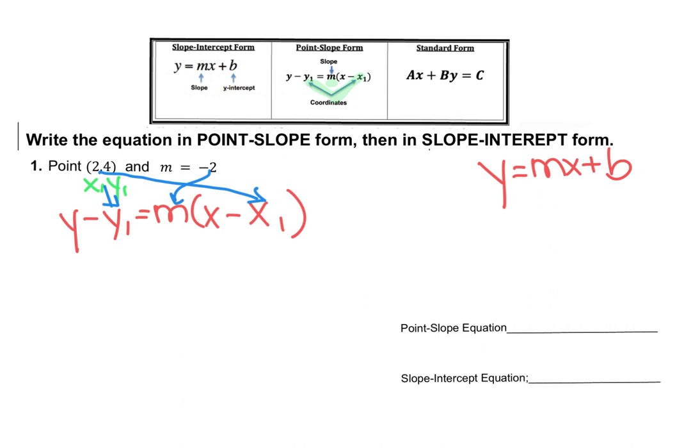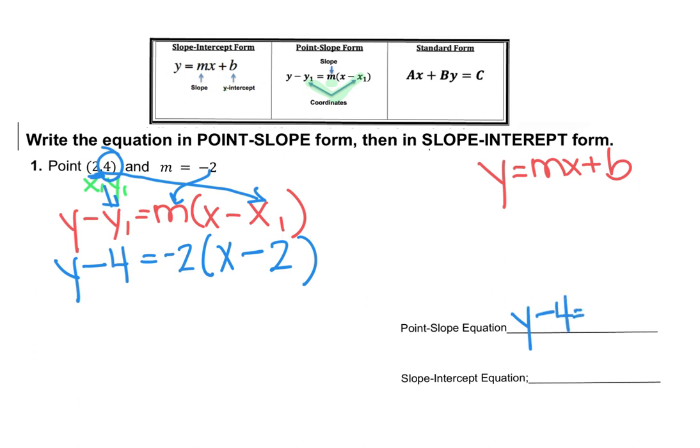So what we have here then is y minus 4 equals a slope of -2 times x minus 2. Right now it is written in point-slope form, so your equation would be y minus 4 equals -2 times x minus 2.